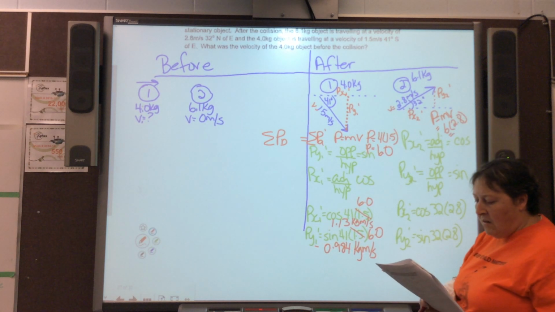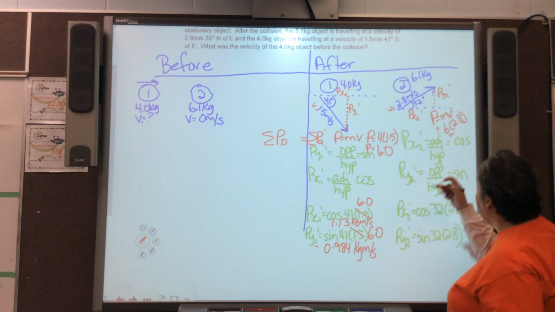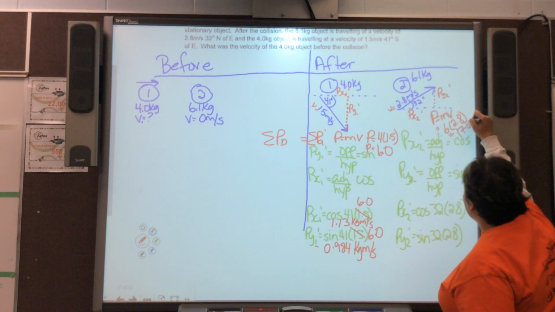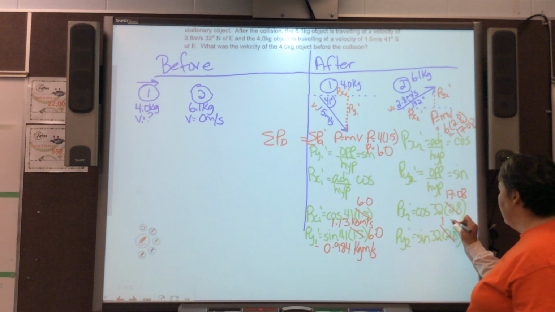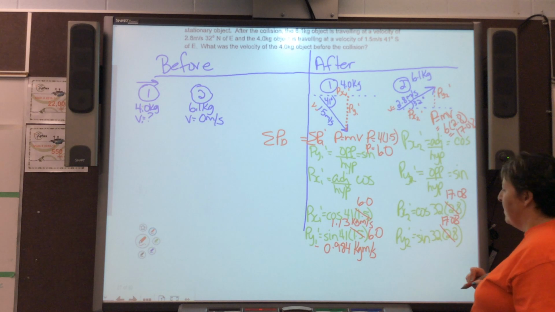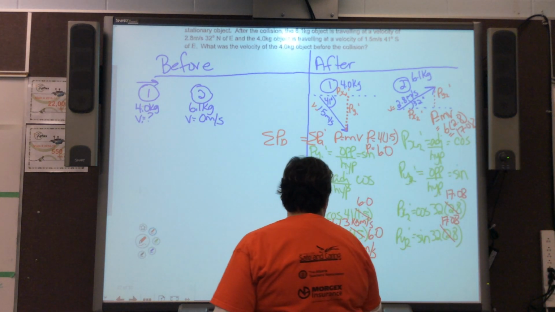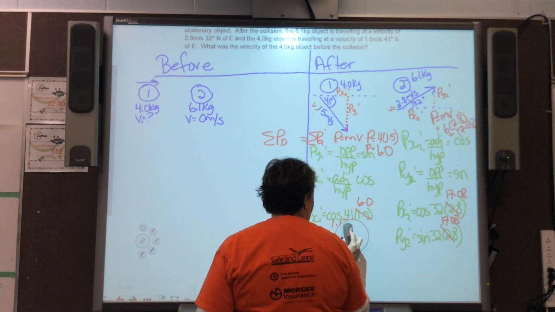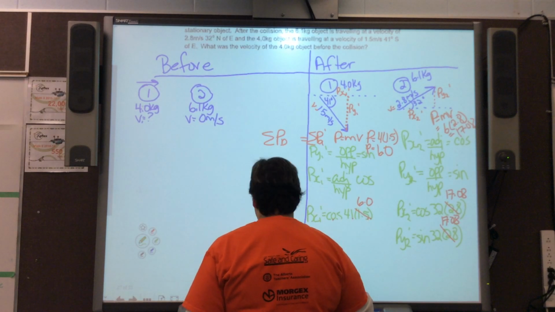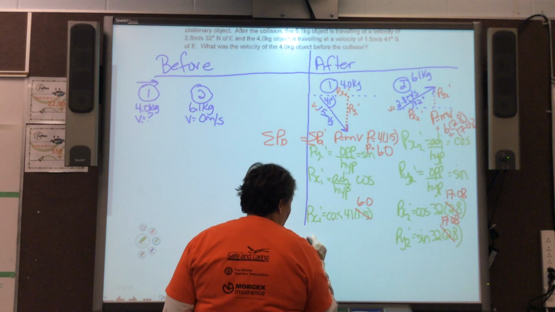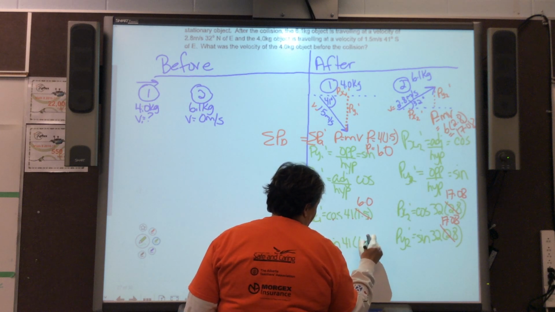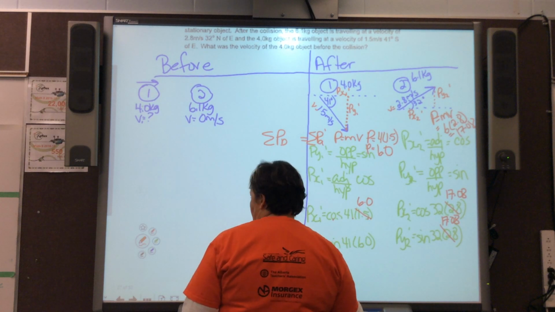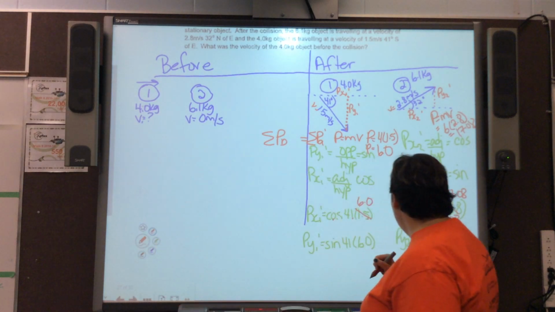So over here, momentum equals, I'll give it to you, 17.08. So I'm just going to erase this part here because I want to take those answers out. So what do we get for new values?